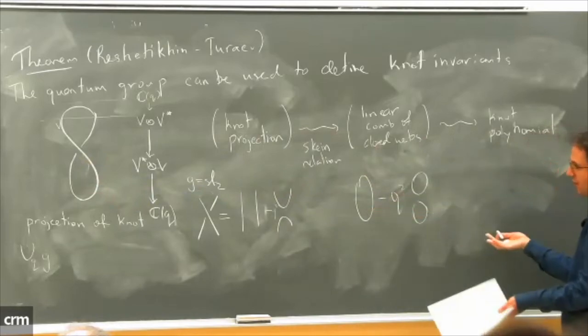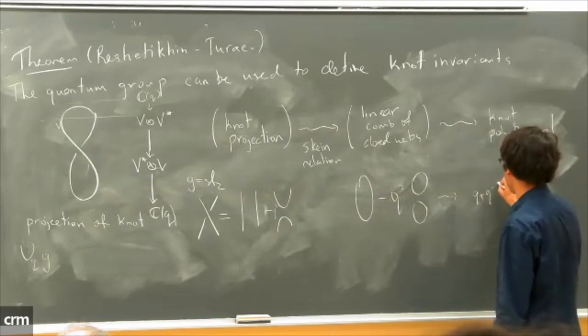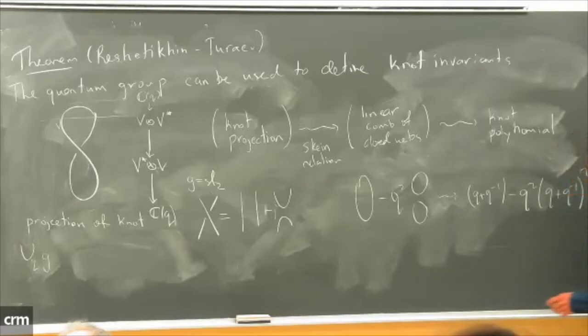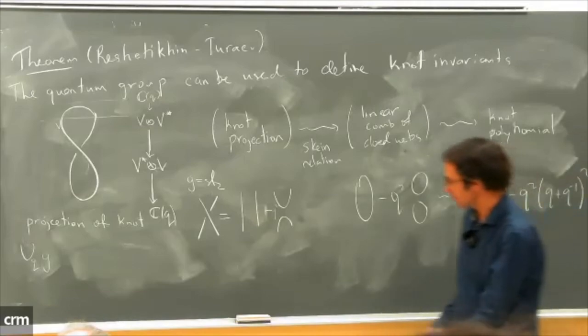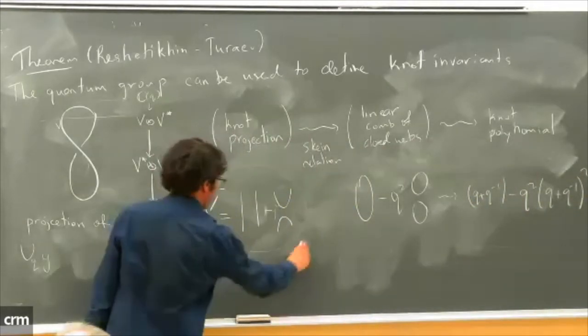They're each loops, so they're all q plus q inverse. So this will end up being something like q plus q inverse minus q squared times q plus q inverse squared. Now, don't complain that it didn't work out right. This is not really supposed to be a serious calculation, just a sample of what you might do. Okay, and this idea is called the Kauffman bracket.